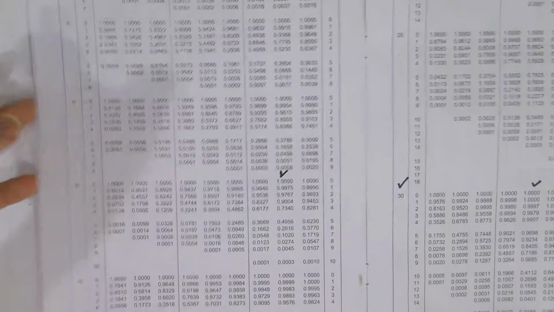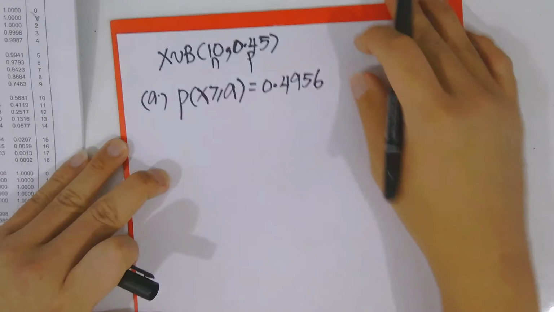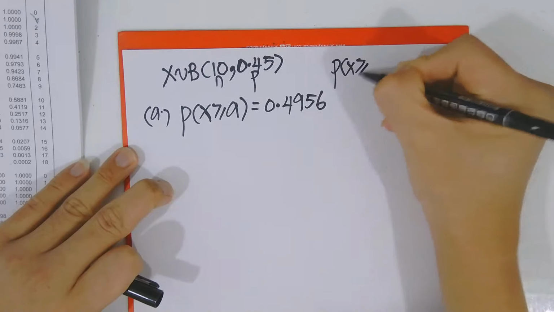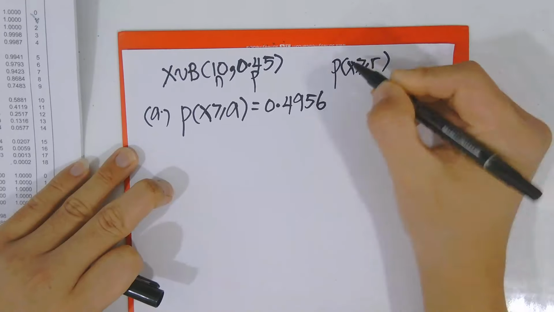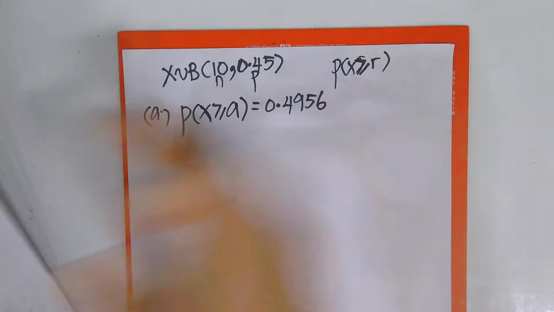Now you want to find the value here. As you know, our statistical table follows the format of P(X greater or equal to r). Remember this format, greater or equal to r, for the matriculation program.